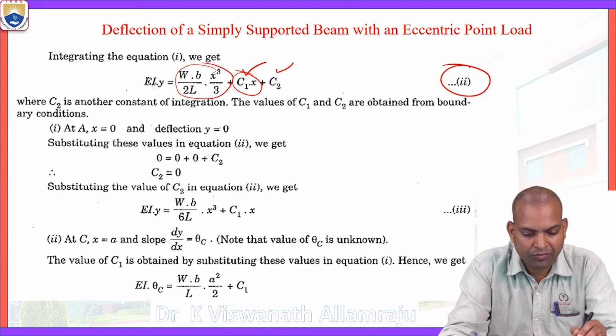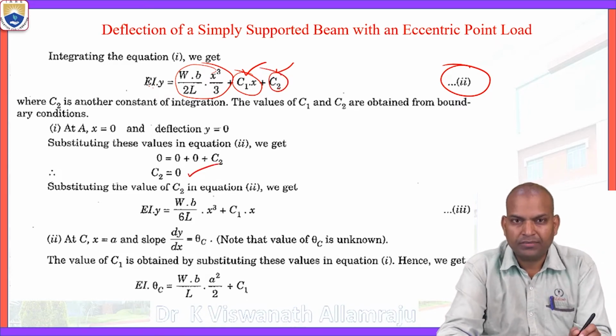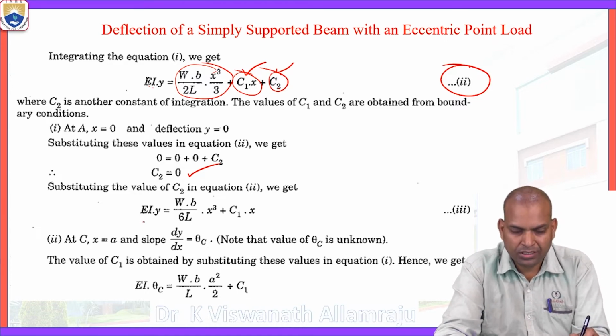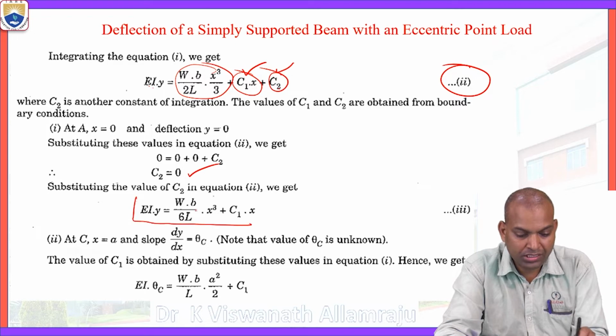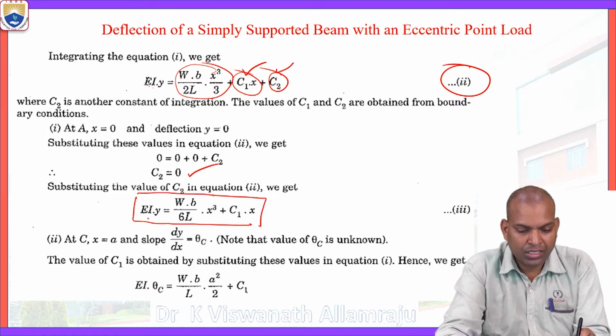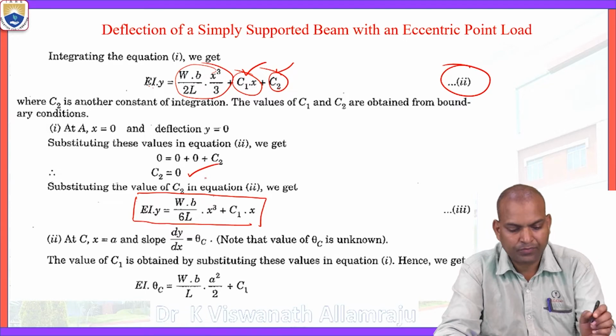With y equal to 0, that means C2 equal to 0. Substitute back in equation 2, which is converted into equation 3 by substituting C2 equal to 0. Then it becomes EI times y equal to Wb by 2L into 3, that is 6L, times x cube plus C1 x.